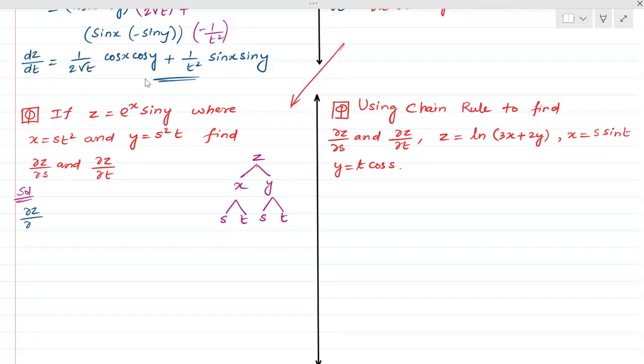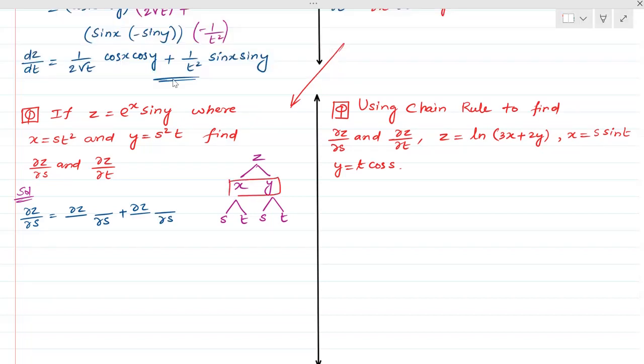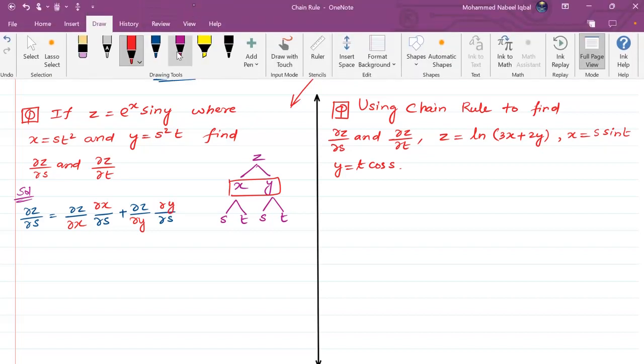Dou z over dou s is dou z over dou x times dou x over dou s plus dou z over dou y times dou y over dou s. If z is also there, you can include z as well. However many variables you have, you can add those terms.